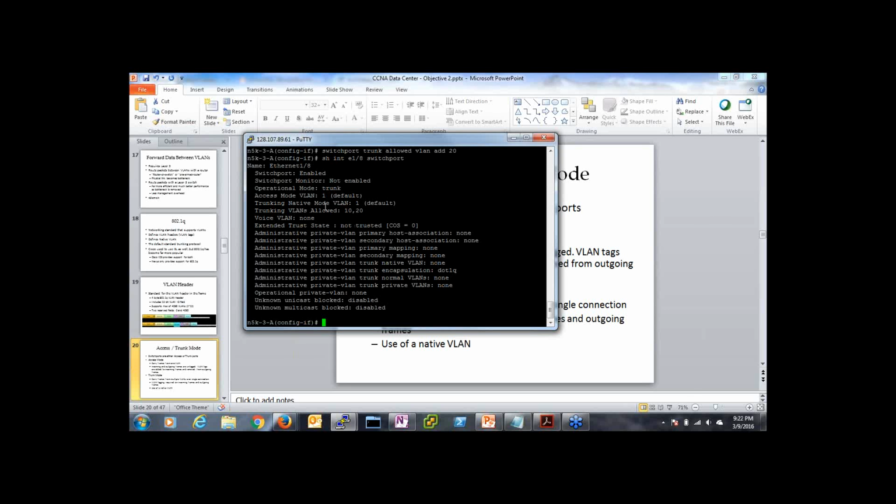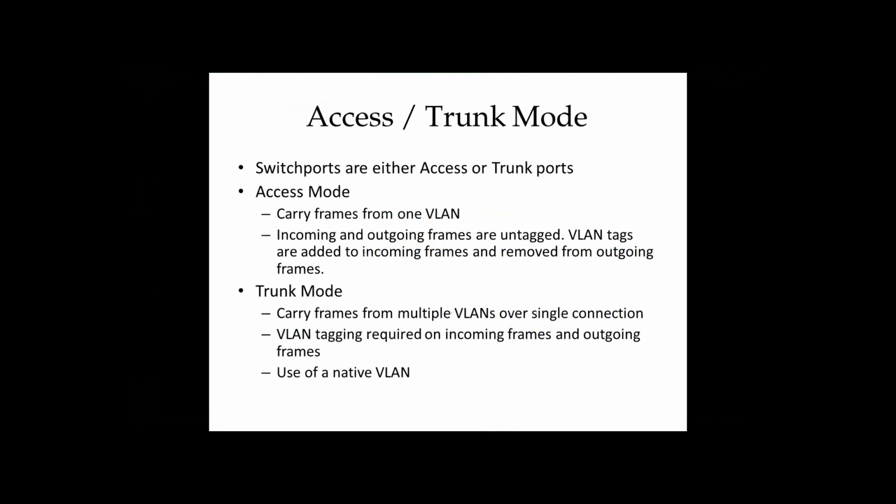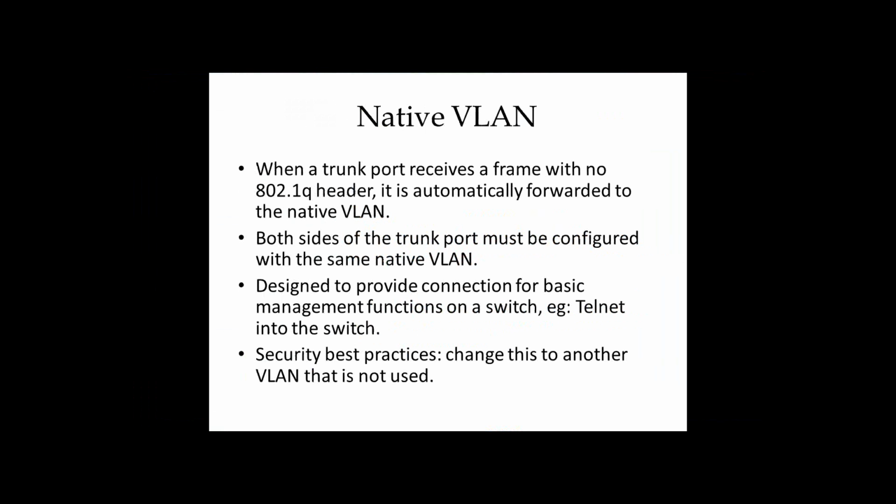Okay, now in these details, you also see this thing here: trunking native mode VLAN. There's a native VLAN 1 on this trunk port. So the whole concept of a native VLAN is, you've got a trunk port, and remember that trunk ports require frames to come in with a VLAN tag in order to pass them on to various VLANs.